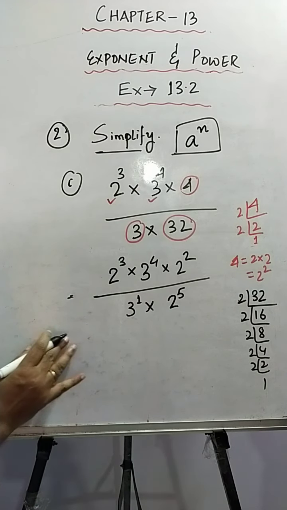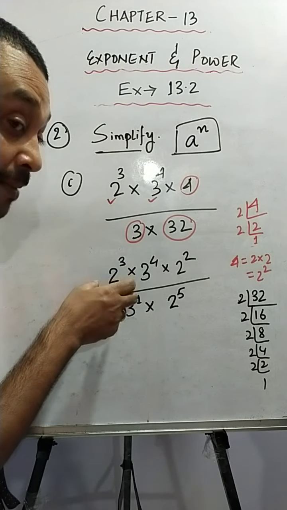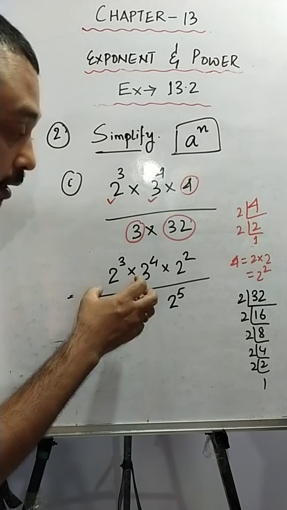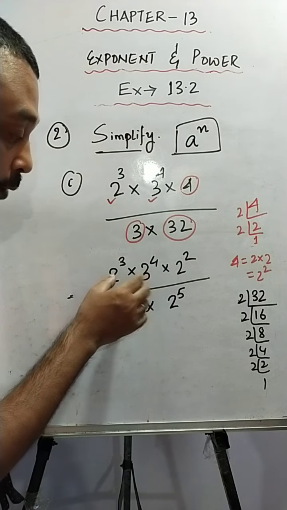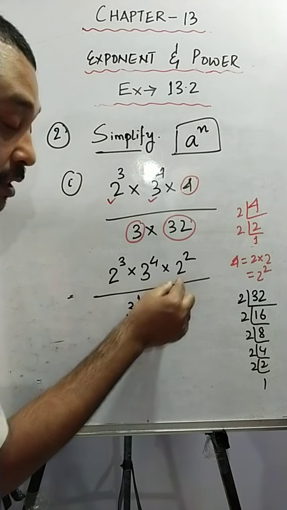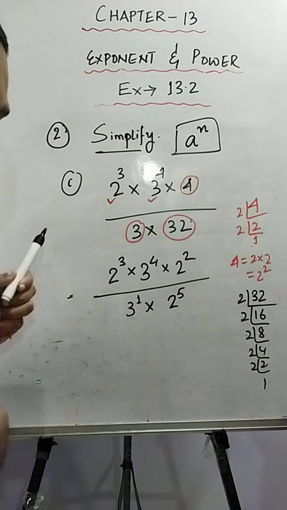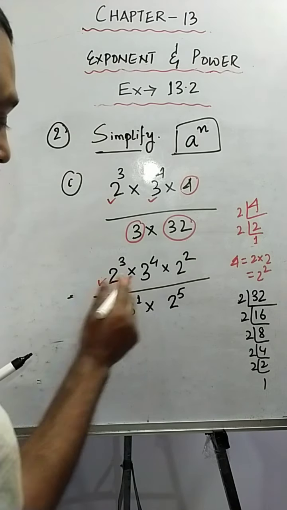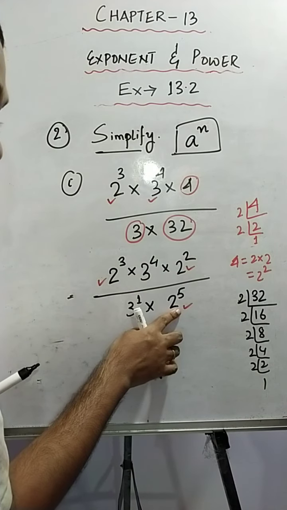Now what is the next thing that you have to do? You have to bring together all the exponential forms carrying base 2. Where you see the base is 2, you have to keep all those things together. So this is the exponential form where base is 2, this is the exponential form where base is 2, and this is the exponential form where base is 2.